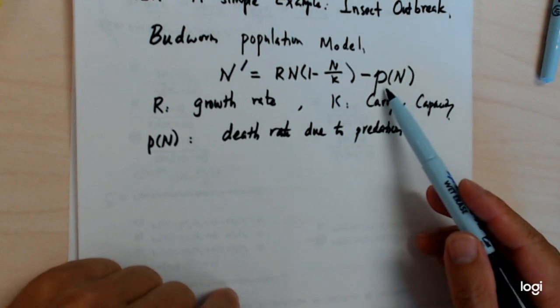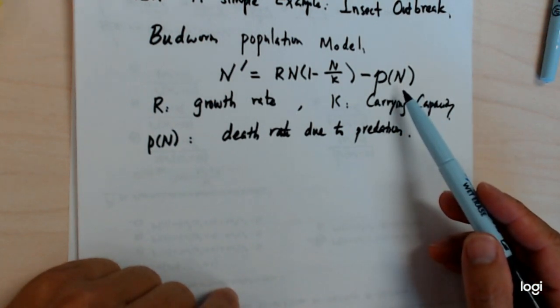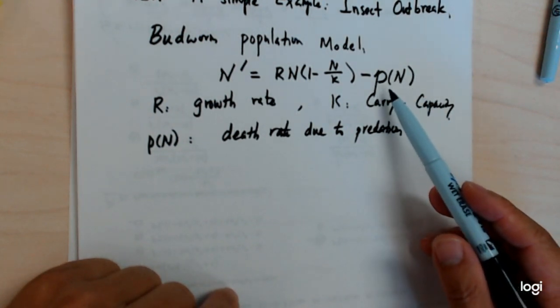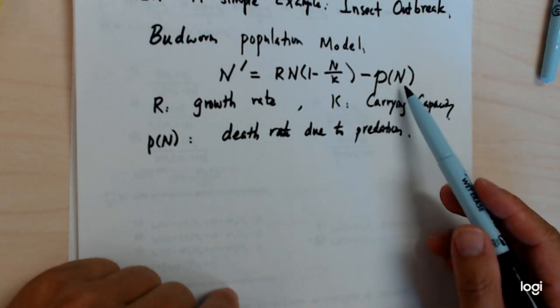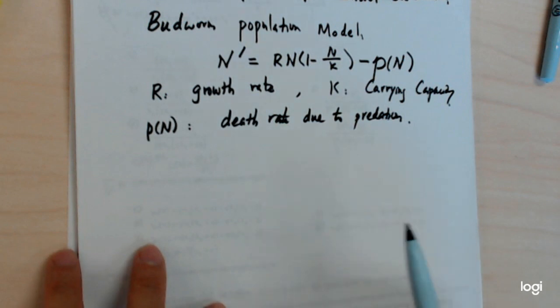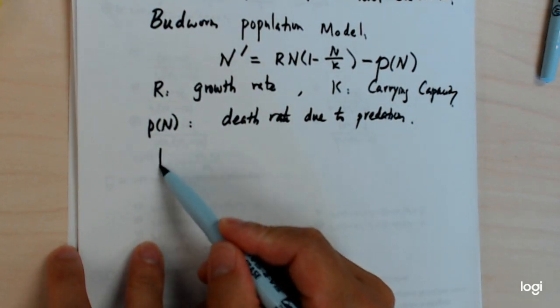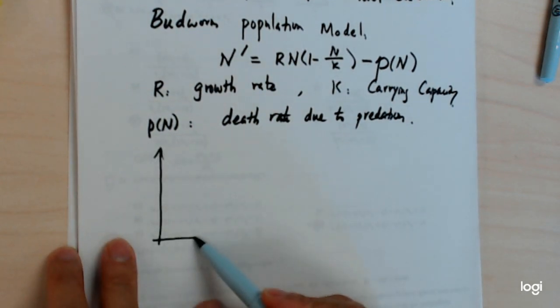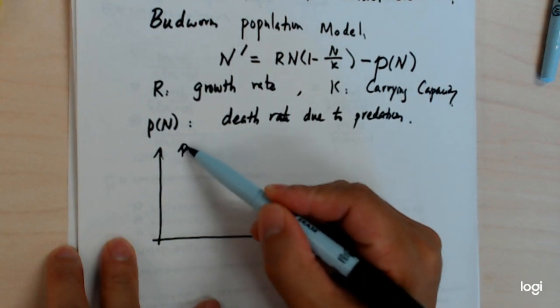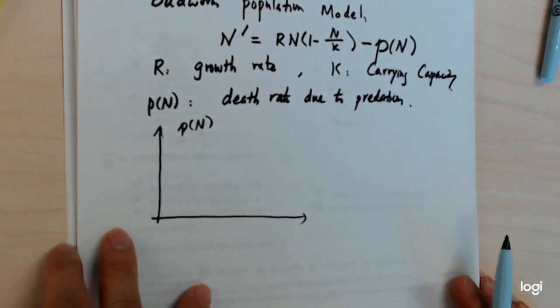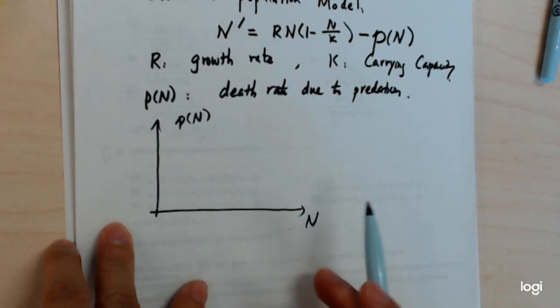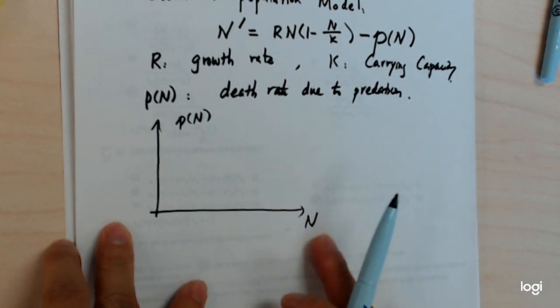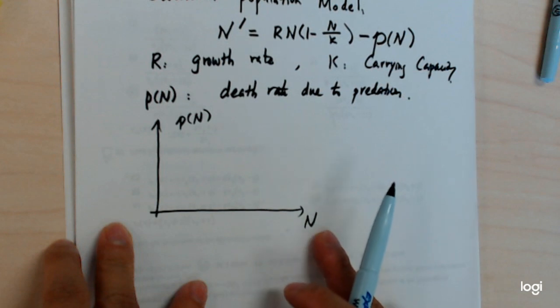So the P of n here, mathematicians are trying to model how this killing rate should look. So let's think about how this P of n looks to make it a little bit more realistic. N here is obviously the amount of the budworm.